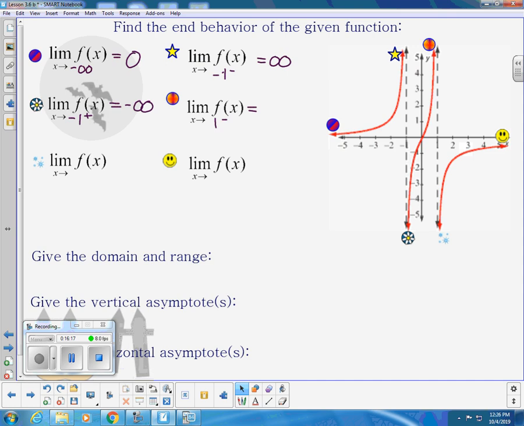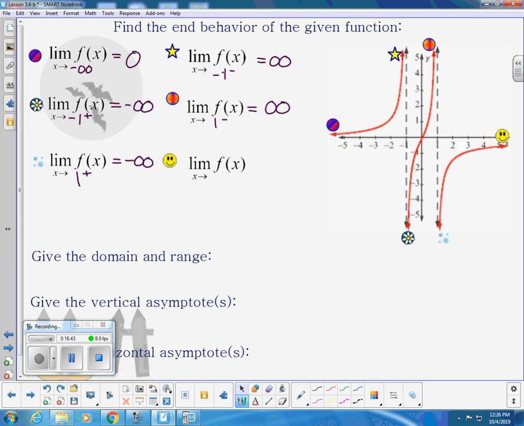And where's my rocket ship? Infinity. My little twinkle stars you can't really see. My little twinkle stars are approaching 1 from the right side. And where's my rocket ship? Negative infinity.